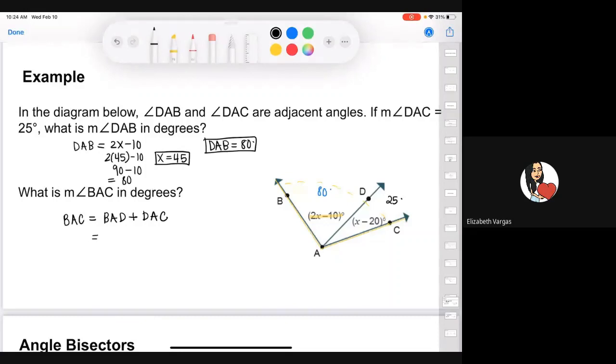I know that DAC is 25, and BAD or DAB, which I just identified, was 80. I could add those together, and that would give me 105. So BAC is equal to 105. That's how I would use my angle addition postulate to find the measure of the entire angle BAC.